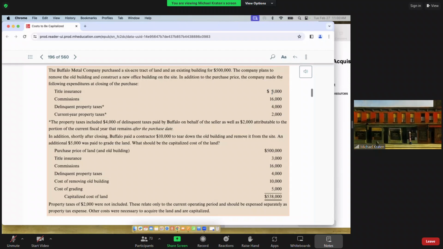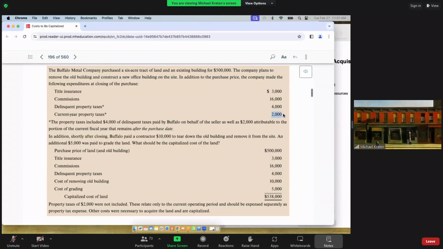And remember, without paying these fees, you cannot get the land. As a result, if you need to spend the 3,000, the 16,000, and the 4,000 to get the land, then the 3,000, 16,000, and 4,000 are added to the cost of the land, the value of the land.